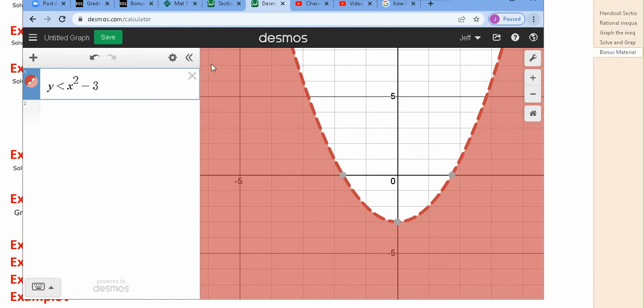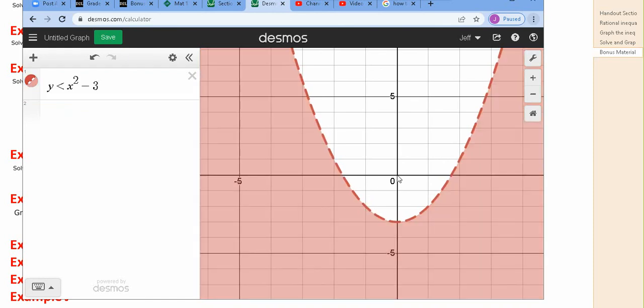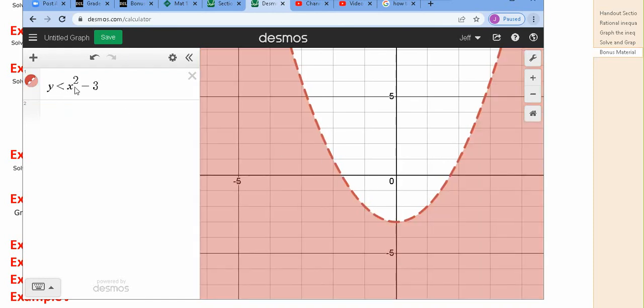And if you type in the equation exactly, you'll see that it gives you this dotted line here, and it's not shaded in here, it is shaded outside. You can convince yourself that the points where this is shaded are true. These are the points that are going to satisfy this inequality. You can do that by testing a point, like 0, 0. 0, 0 wouldn't work. That's why it's not shaded.